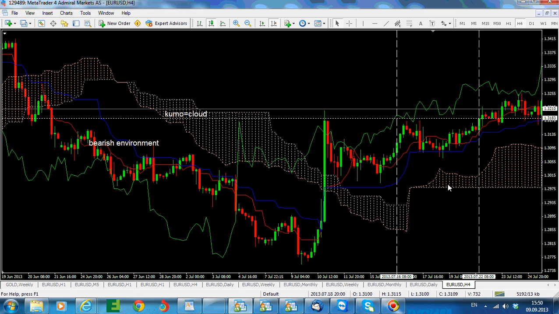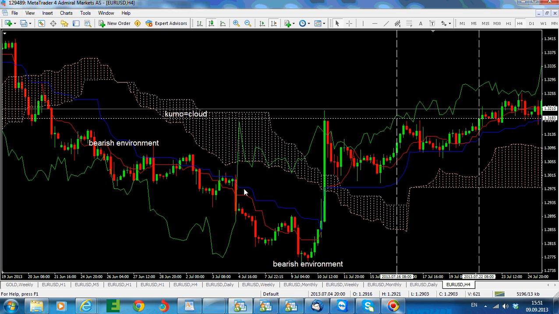Exactly like that, you have to imagine that price is coming from the downside, from this bearish environment, and trying to break to the upside. Normally people will look at this break as a bullish break. While this is true, it is not confirmed by the Kinko.